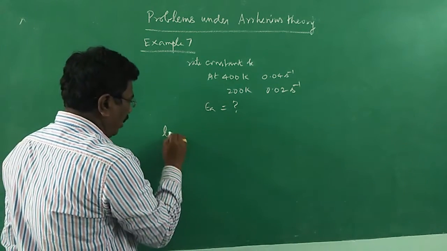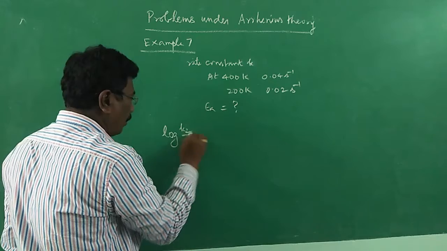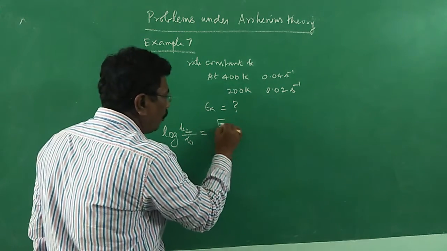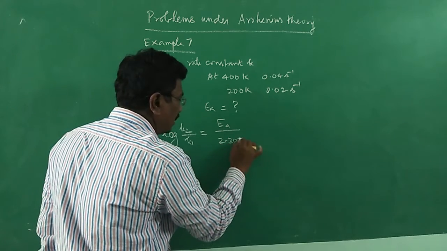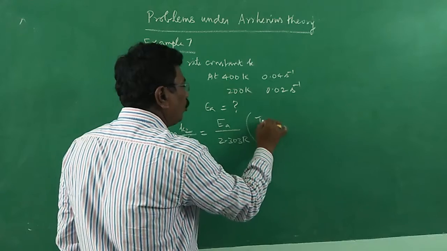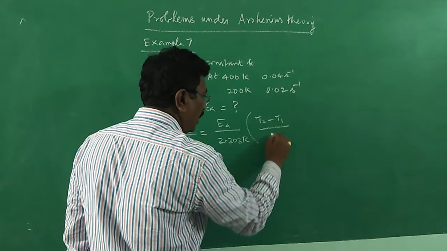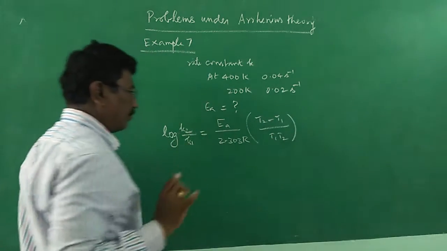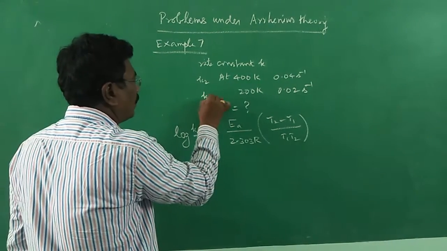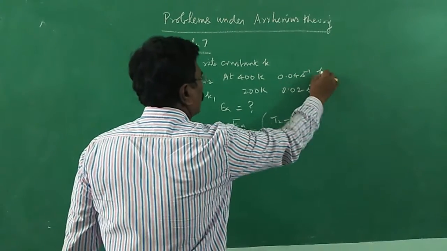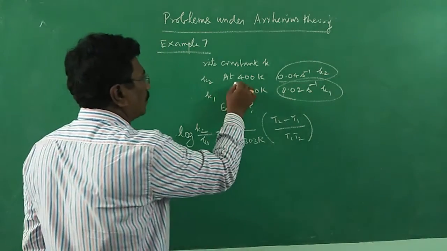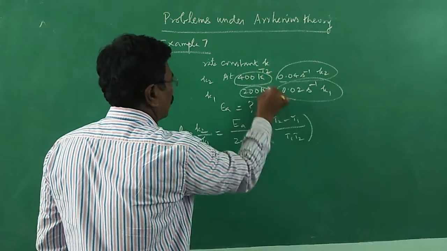The very last equation I gave, log K2 by K1 is equal to Ea by 2.303 R, that's the slope, into T2 minus T1 divided by T1 T2. You are given K2, you are given K1, and the temperatures T2 and T1.